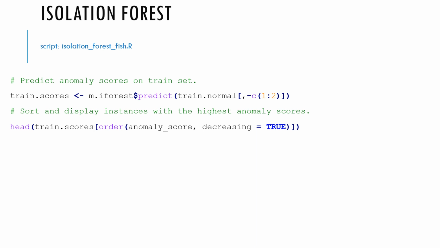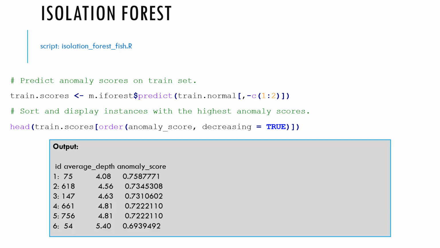Now that the model is trained, we can start making predictions using the predict method. In this case, I'm going to predict anomaly scores on the training set. Remember that the anomaly scores are values from 0 to 1. The closer to 1, the more likely the point is an anomalous data point. Then I'm going to sort and display instances with the highest anomaly scores at the top.